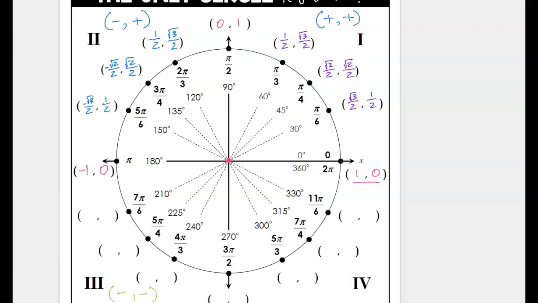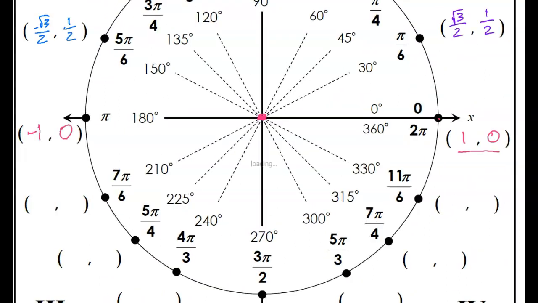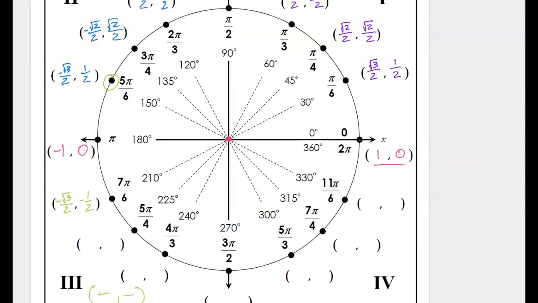So this angle right here, this 210-degree angle, is going to be negative square root 3 over 2, negative 1/2. I'm just looking at this angle right here because it's the mirror image of that angle, and I'm making both of them negative. What about the 225? What's that going to be, you think?